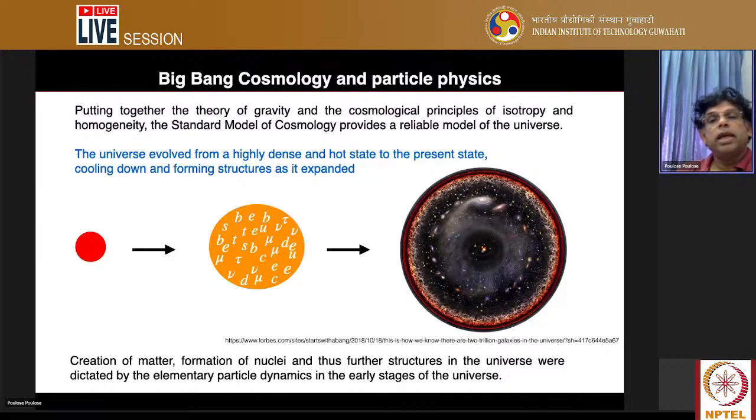So bound states like atoms or nuclei, or even protons and neutrons, could not have existed at very high temperatures. At that stage, we can only think about elementary particles like quarks, gluons, W bosons, photons, etc., coexisting.